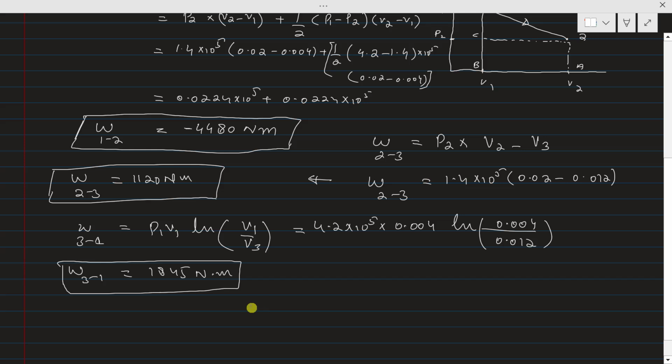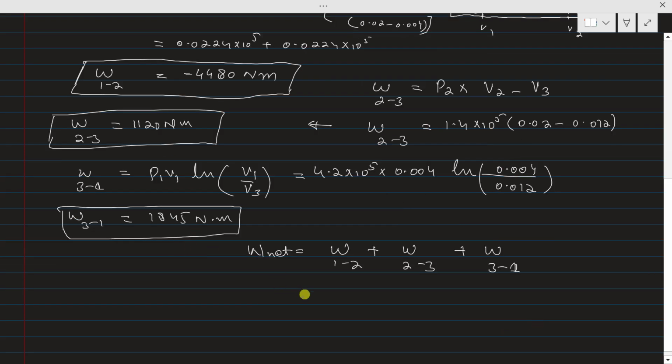Next, we need to find the net work. So the net work is equal to work output from process 1 to 2, work input from process 2 to 3, and work input from process 3 to 1. Now enter these values in this equation.